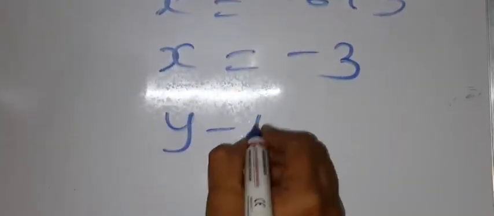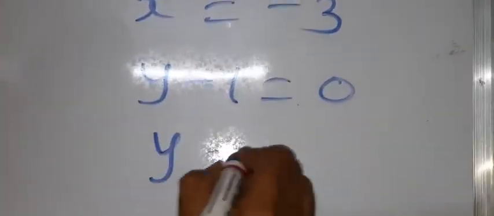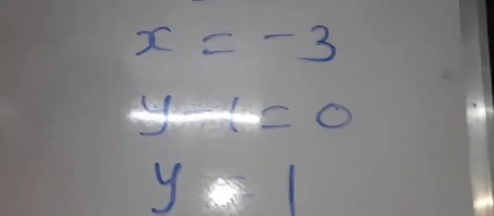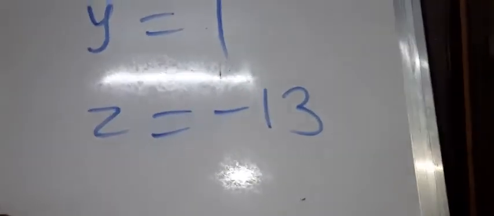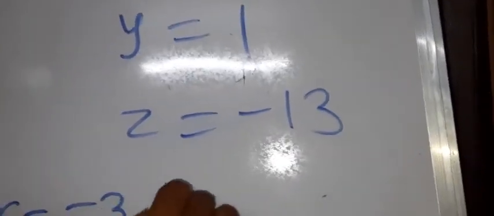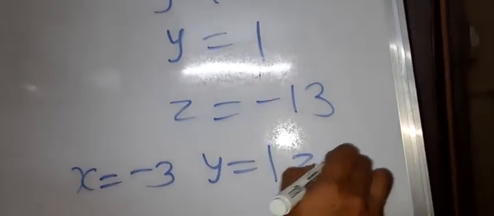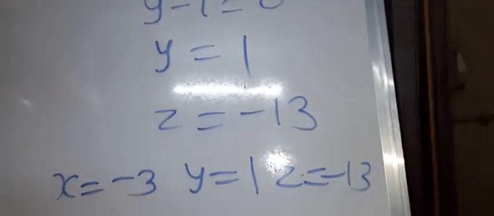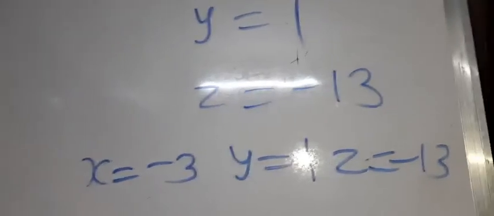Y minus 1 equal to 0, so the value of y is equal to 1. Minus 26 equals 2z, so z is equal to minus 13. So we get the values x equal to minus 3, y equal to 1, z equal to minus 13. In this way, if we are given this, we can solve the exam.